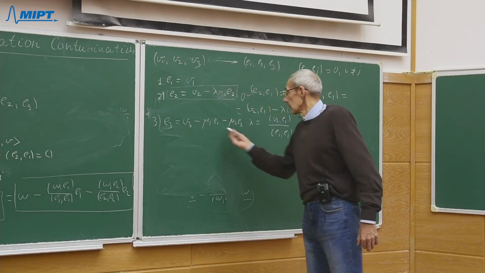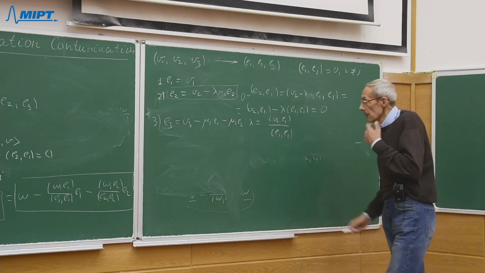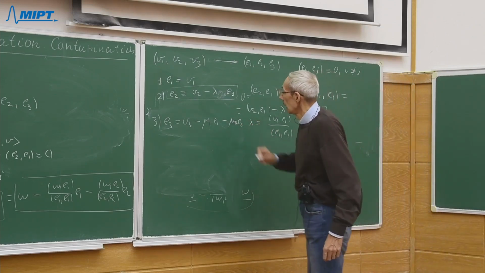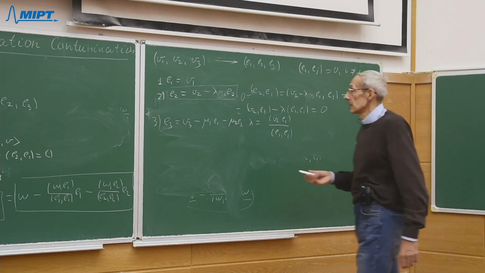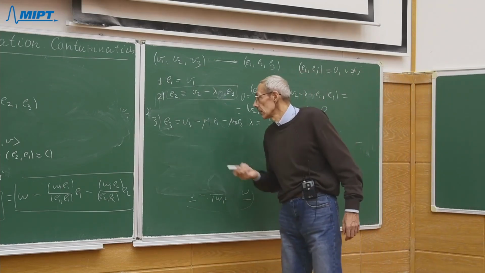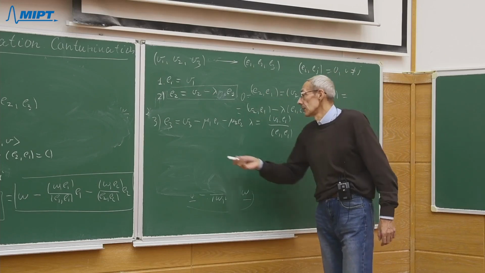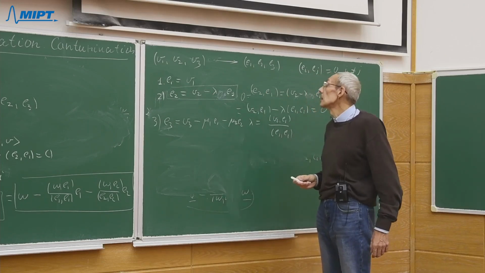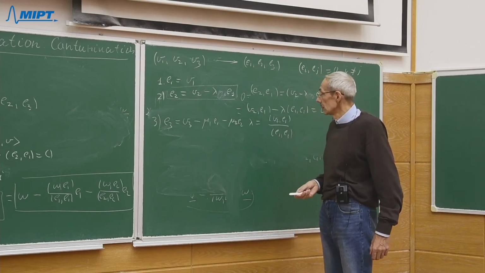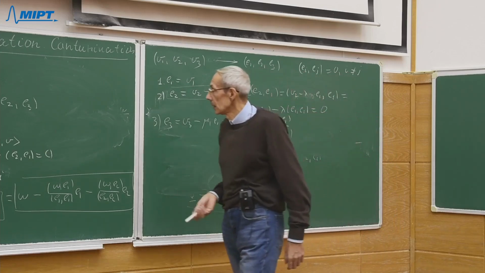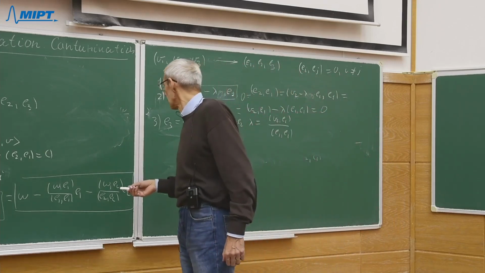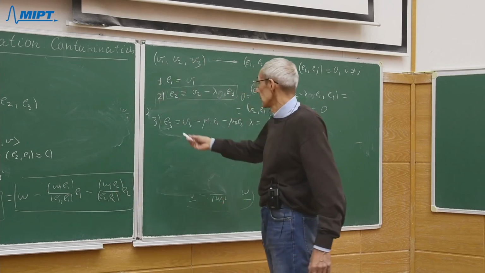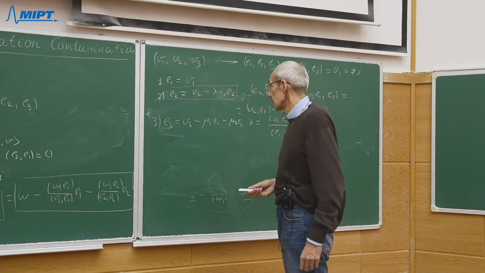Such a presentation means that this vector e3 belongs to the linear span of the vectors v3, e1, and e2. And the following condition which defines this vector is fulfilled.